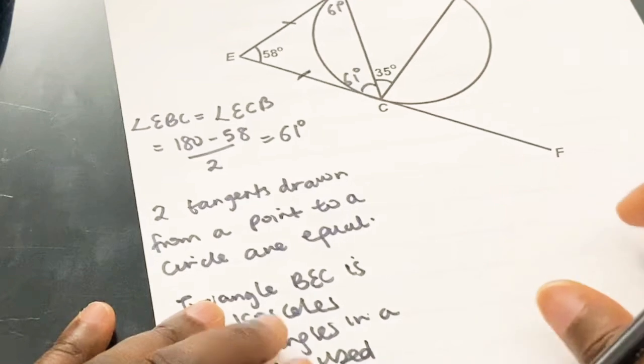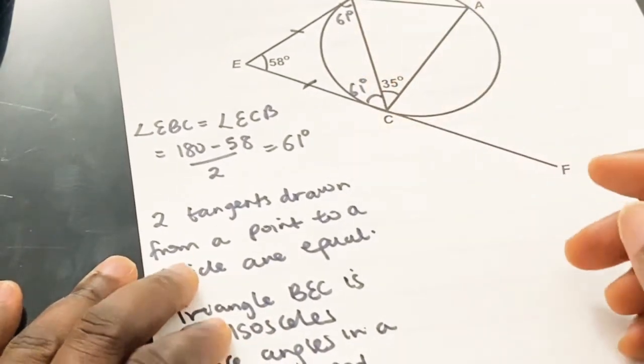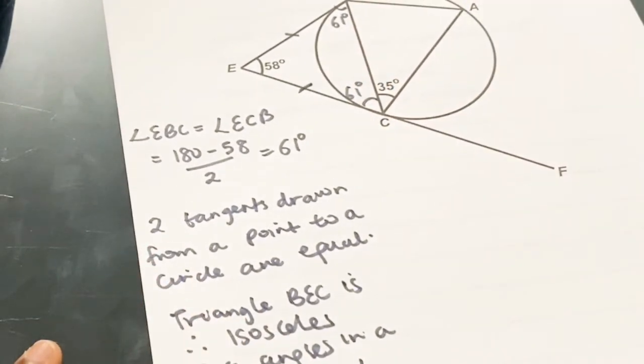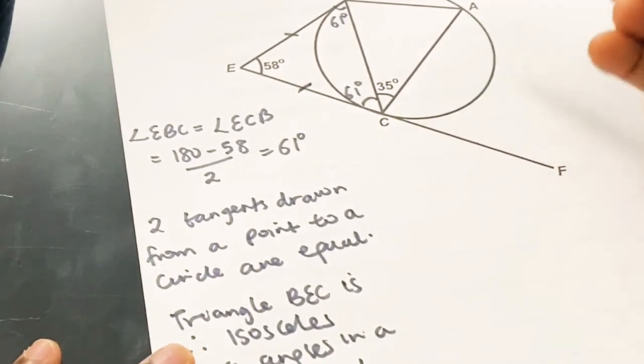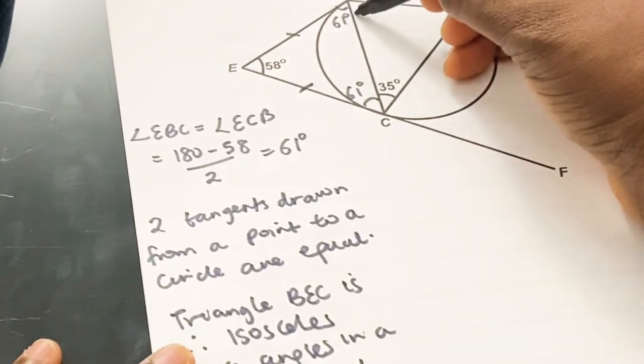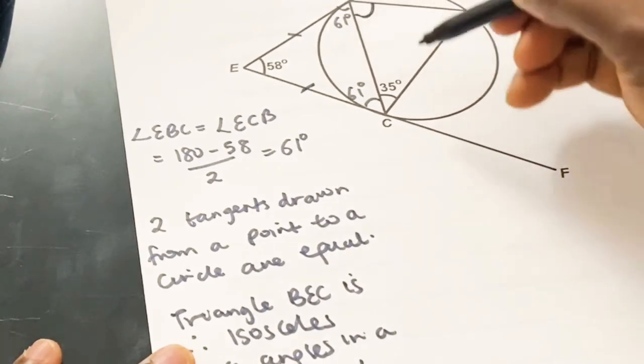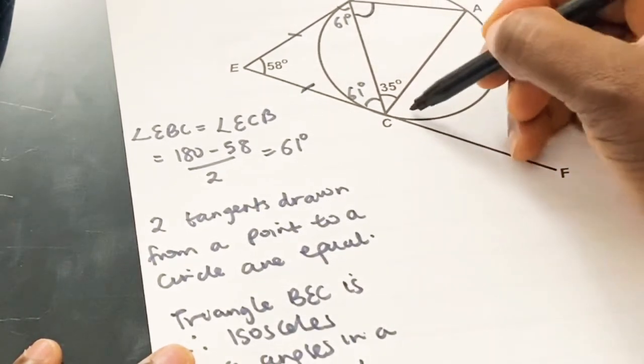Now you've got these two, you want to work out this angle, because what we're looking for is angle ABC, the one in the alternate segment to this one.